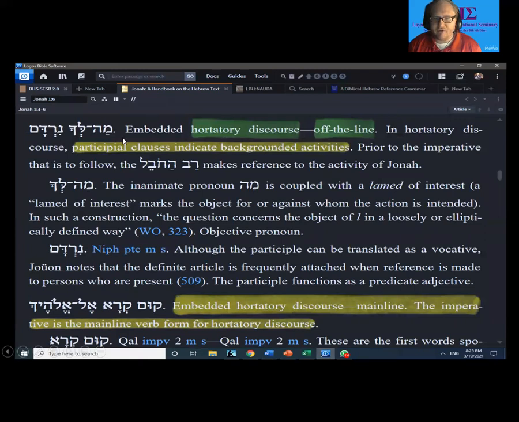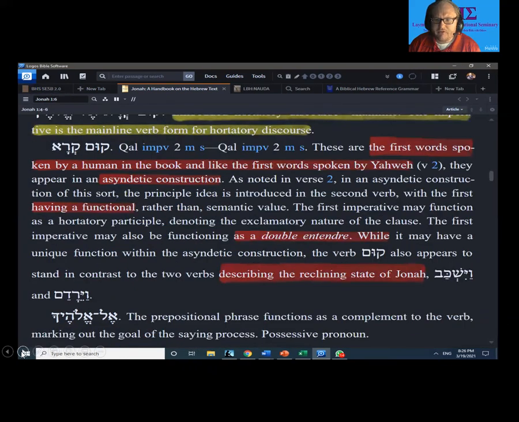The participle that's used there is indicating background activities. And then that's where he starts giving these imperatives and everything. We're not really going into the imperatives because we were just focused on the wayyiqtol and the qatal, the discourse structure right now. But we'll come back to that possibly. So this confirms my initial observation when I was reading the text.